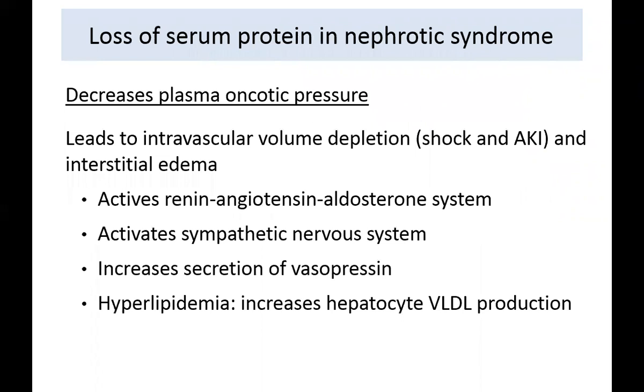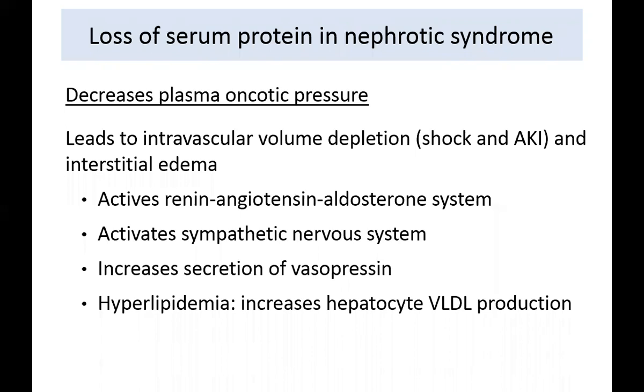What's the problem with loss of proteins in nephrotic syndrome? If you lose too much protein from the plasma, you decrease the plasma oncotic pressure. So you get a very watery type plasma in terms of proteins. So you start losing water out of the vascular compartment, which decreases the intravascular volume, so you decrease the blood volume.